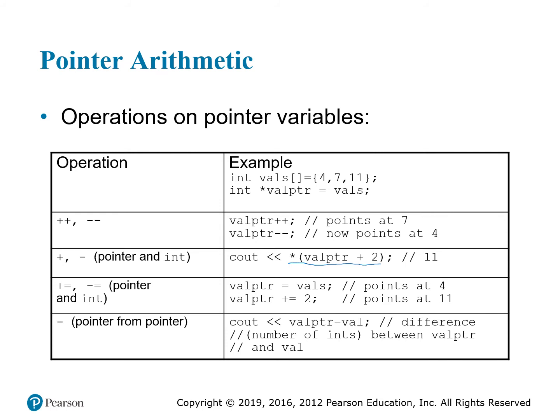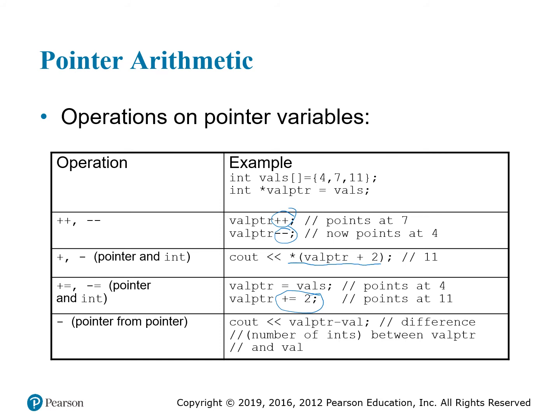You can plus plus and minus minus them, which is the equivalent of moving one step forward or one step backward in an array. You can plus equal them, which is the equivalent of moving n steps forward in the array.